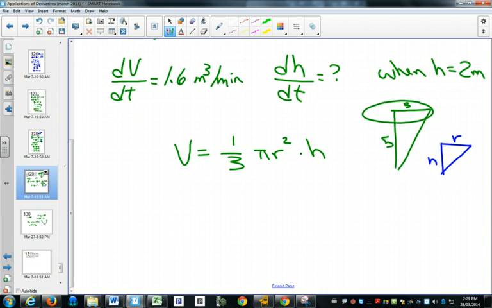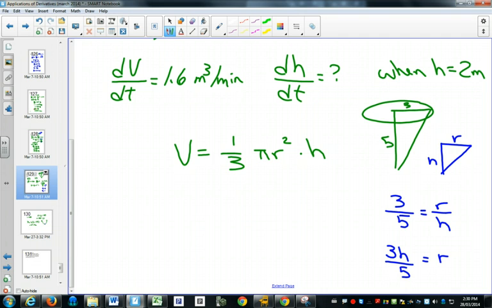But because the triangles are similar, this ratio of 3/5 has to be the same as the ratio of the radius over the height. So solving for the radius in terms of h would be 3h/5.